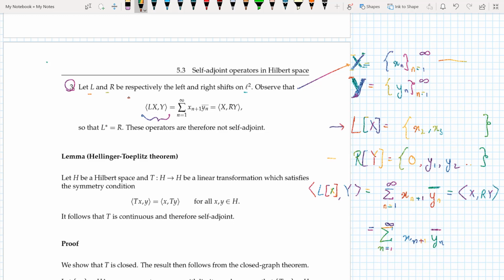If you write it out, the right shift looks like this, you just shift everything towards the right, and then when you write the inner product, it comes out exactly to be this. You can just check for yourself, and that's pretty much it. So L star equals R. These operators are therefore not self-adjoint.